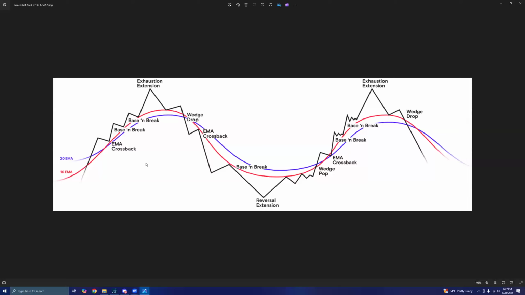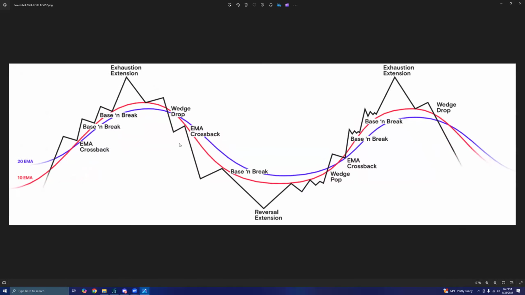He won the U.S. Investing Championship in 2020 and wrote a book about his strategy. I thought it was interesting, so I incorporated some of the concepts into the way that I like to teach. And he also likes to use the 10 and 20 exponential moving averages. And he named some of the setups that occur throughout this cycle of price action. So I want to just talk through them. So obviously, there's a couple phases, right?